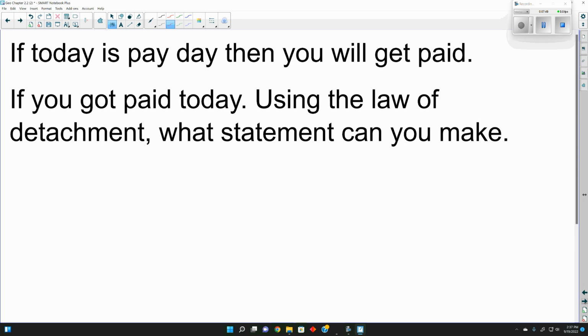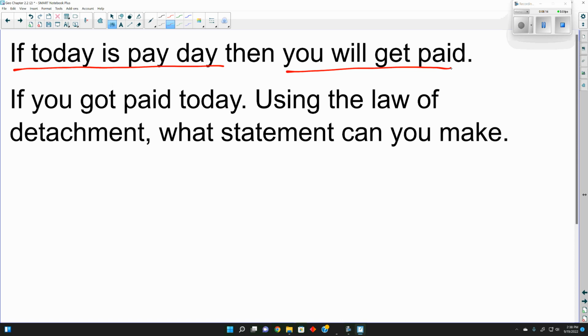If today is payday, then you will get paid. So that's our statement. If you got paid today, using the law of detachment, what can we say? So what's our hypothesis?